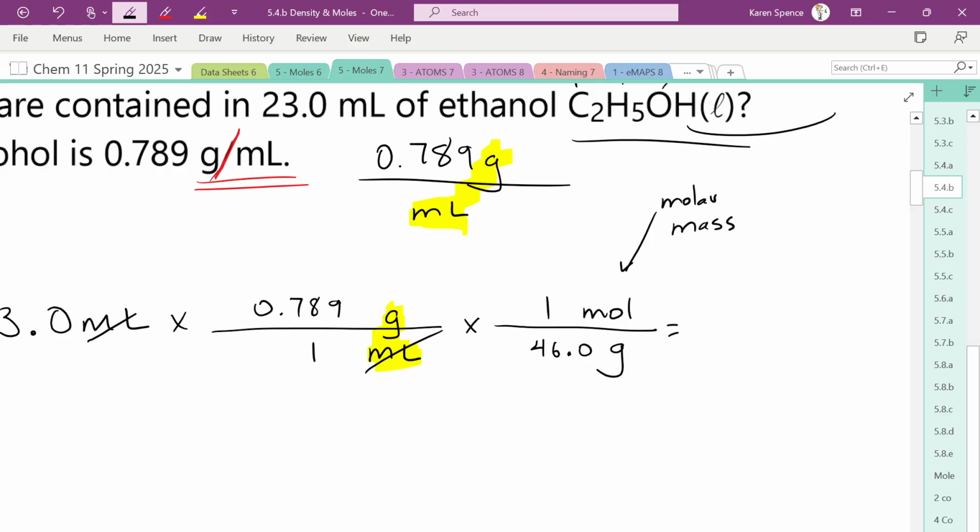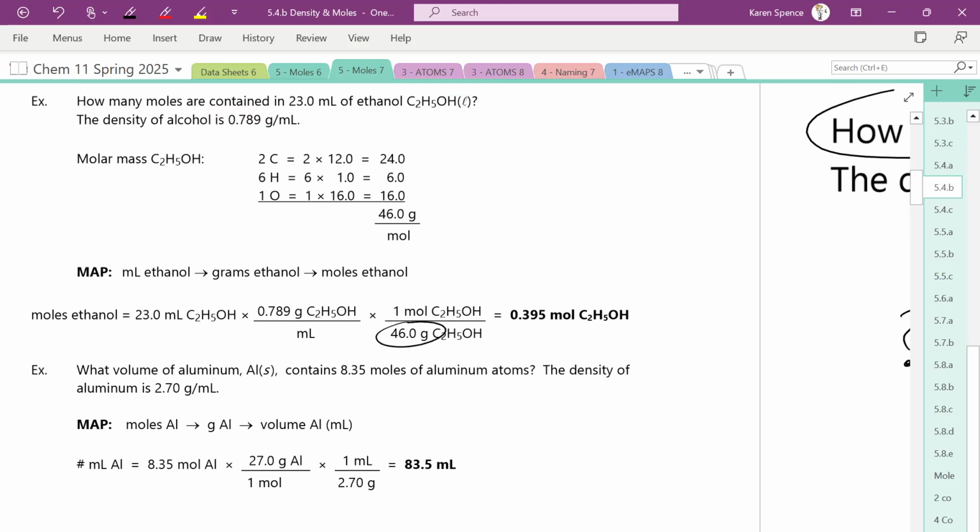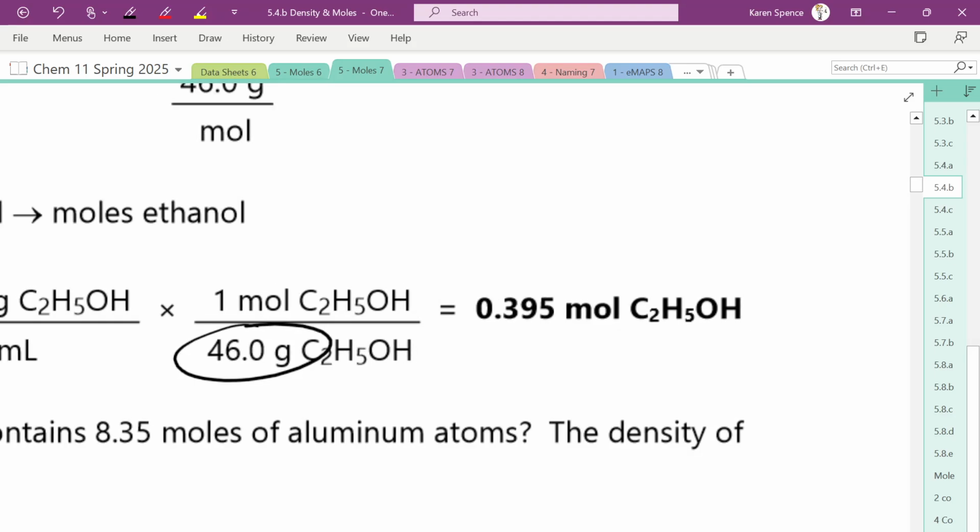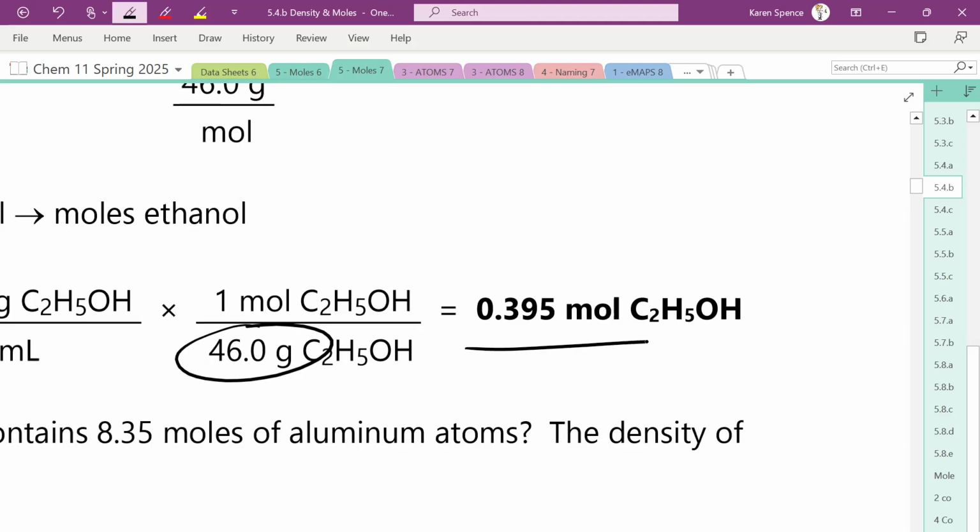We calculate that. Oh, I guess I don't need to. It's over here. So we end up with 0.395 moles. Is good. So we're just adding one extra step.